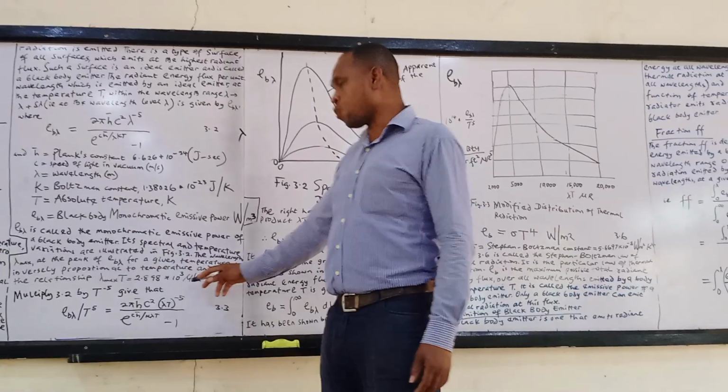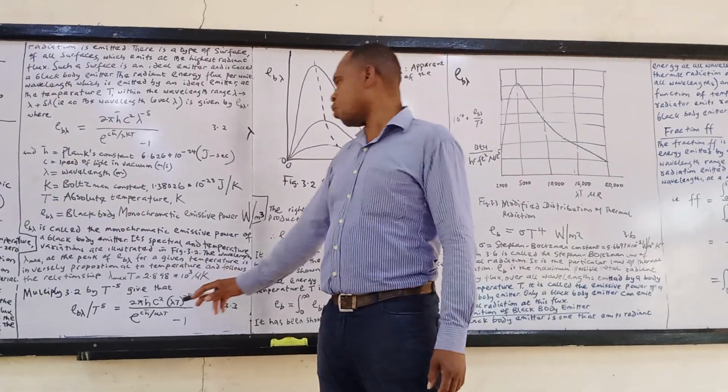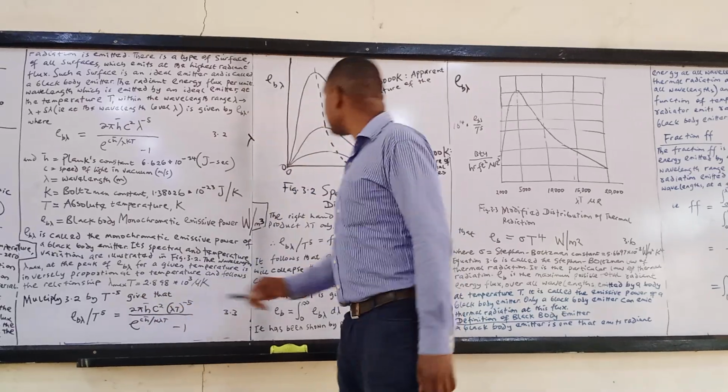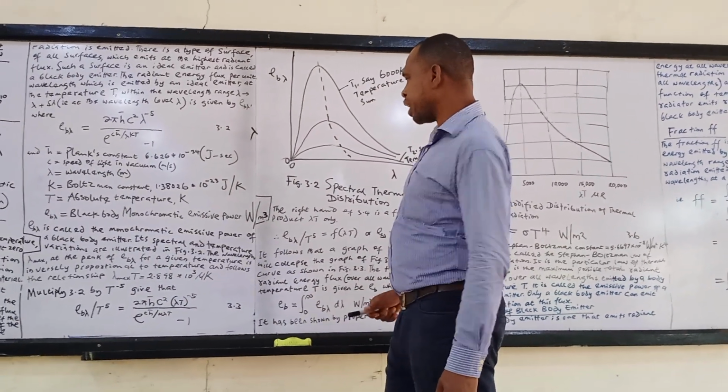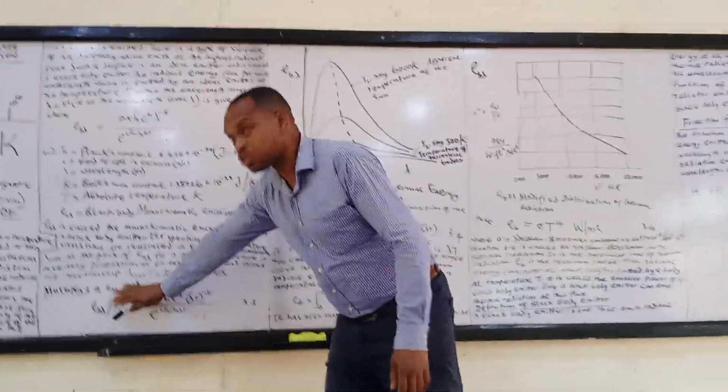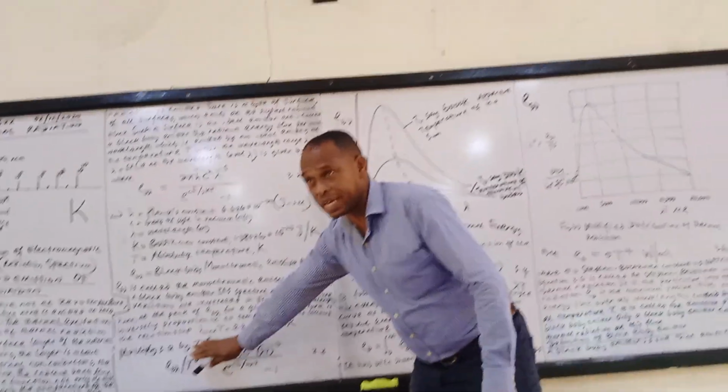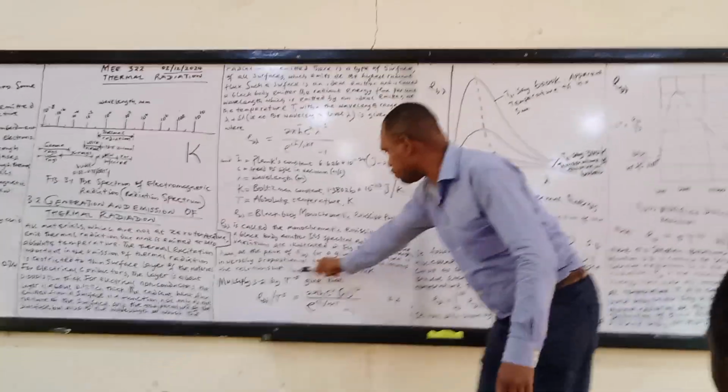And I think this is Wien's law. So multiplying by this gives that. Okay, forget about this equation yet. Let's make use of this.